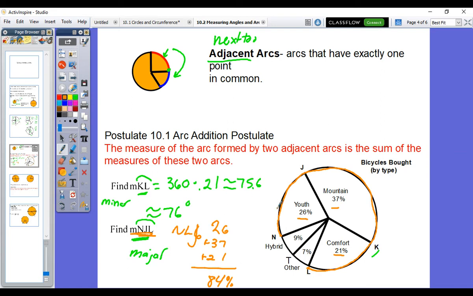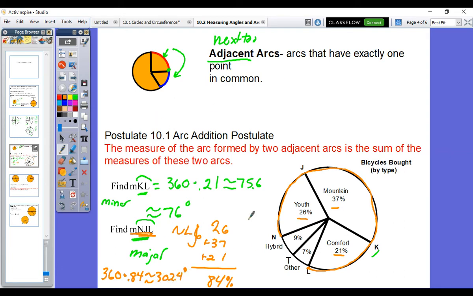To figure out the actual degrees of that arc, we're going to take 360 times 0.84. That's how you do that. 360 times 0.84 gives us roughly 302.4, which, if you're going to say to the nearest degree, is just 302.